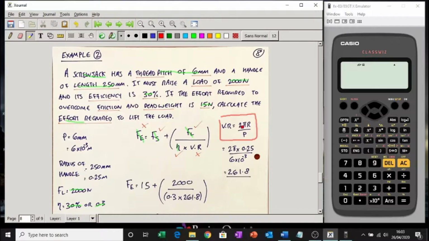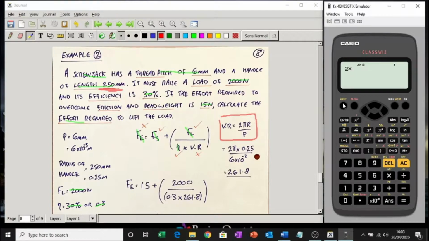So 2 times pi, the radius is the length of our handle, 250 mil, so that's 0.25, and the pitch is 6 mil, 6 times 10 to the minus 3. That'll give us the velocity ratio.